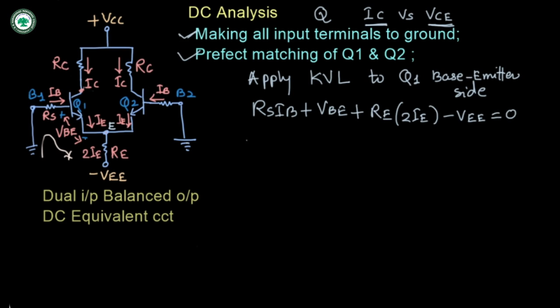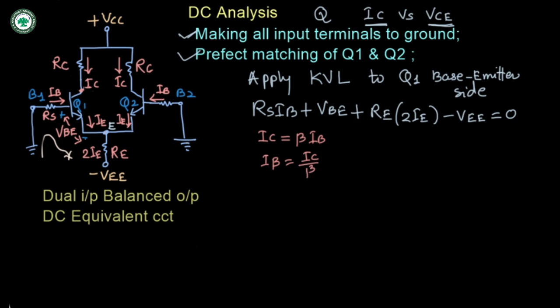Now let us rearrange the terms, but before that we must know how to get this IC value. So IC in terms of IB can be considered as IC is equal to beta into IB, or I can consider IB is equal to IC upon beta.